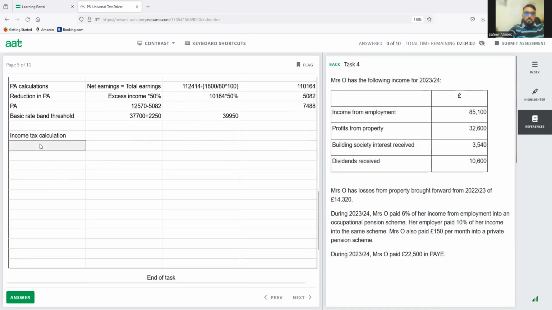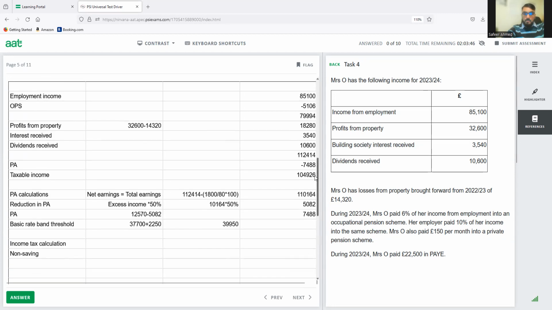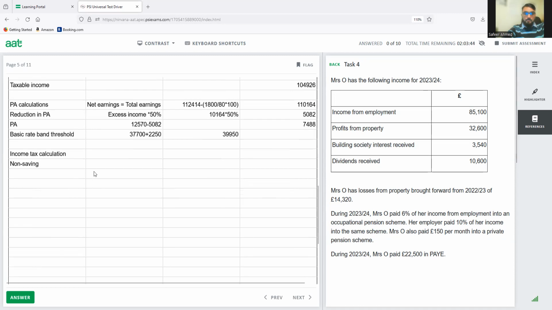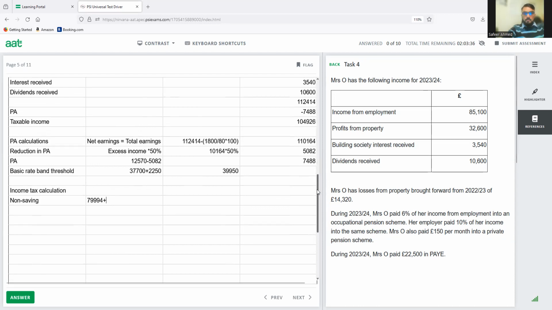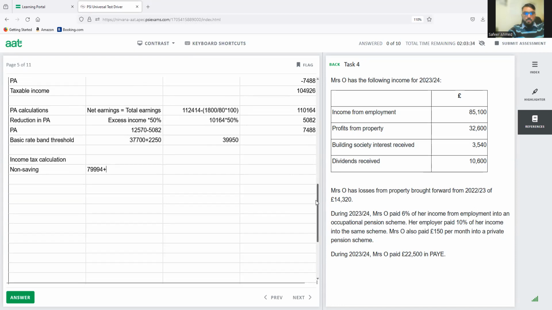Okay, so I can write here non-savings income, which is net employment income, which we calculated as 79,994, plus profits from property, which is 18,280.